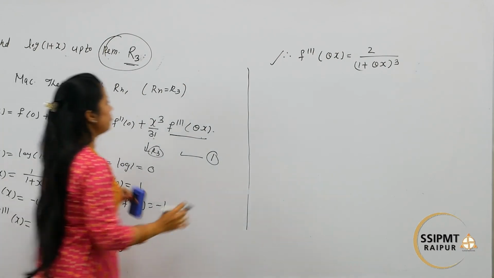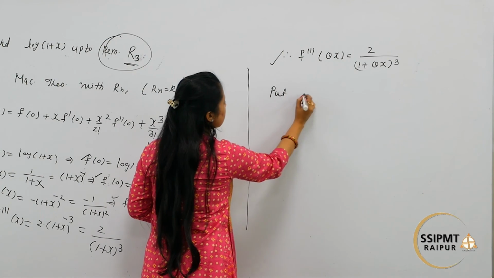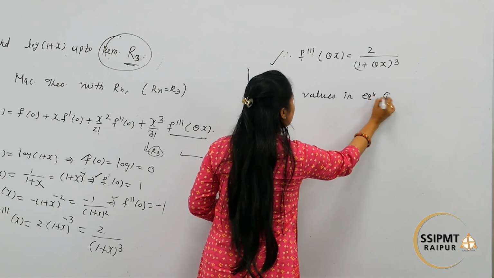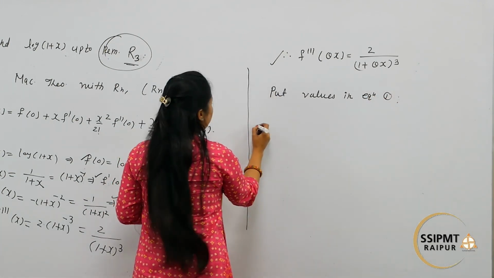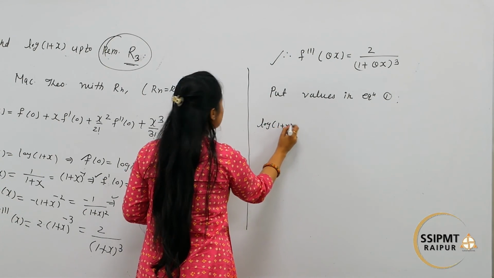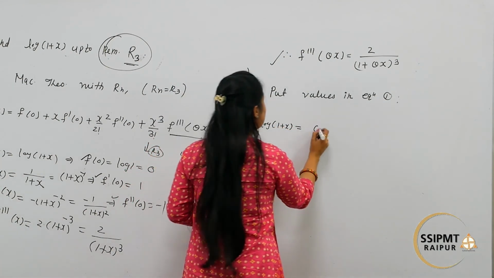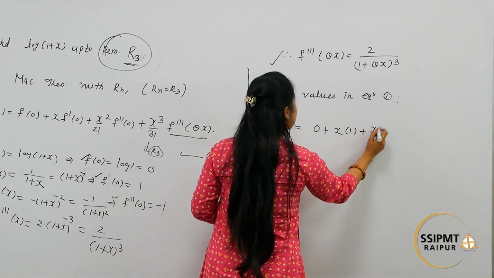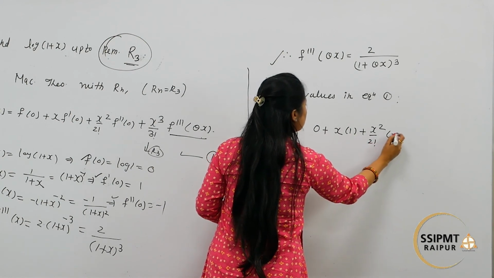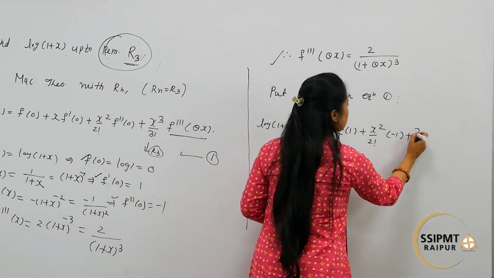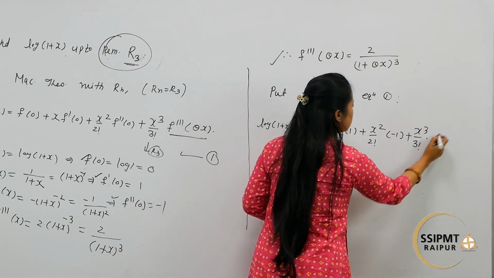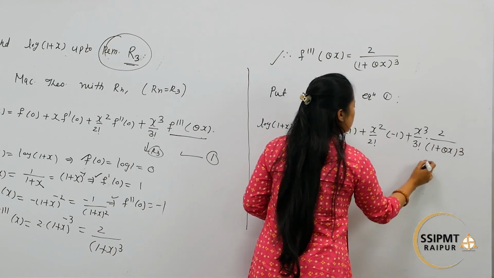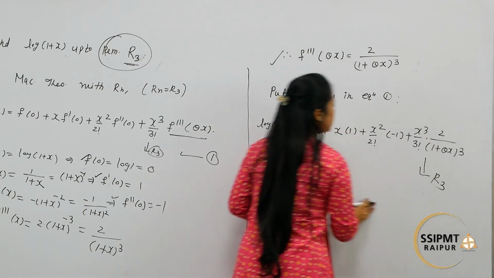Put all the values in equation 1. So f(x) is log(1+x), f(0) is 0, plus x into 1, plus x²/2! into -1, plus x³/3! into 2/(1+θx)³, and this term is known as the remainder R3.